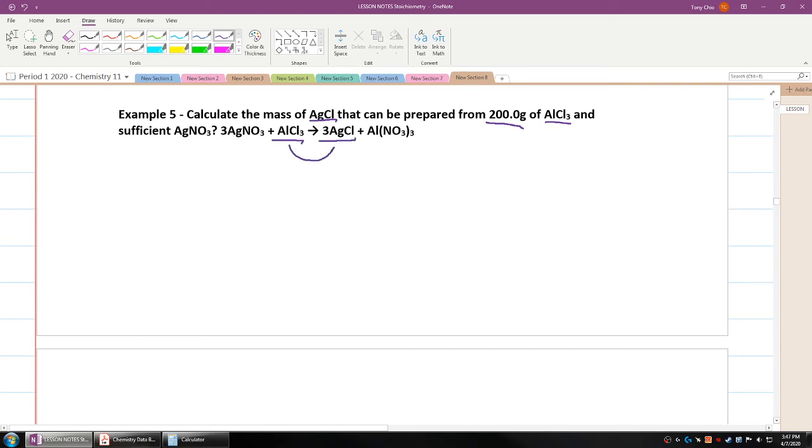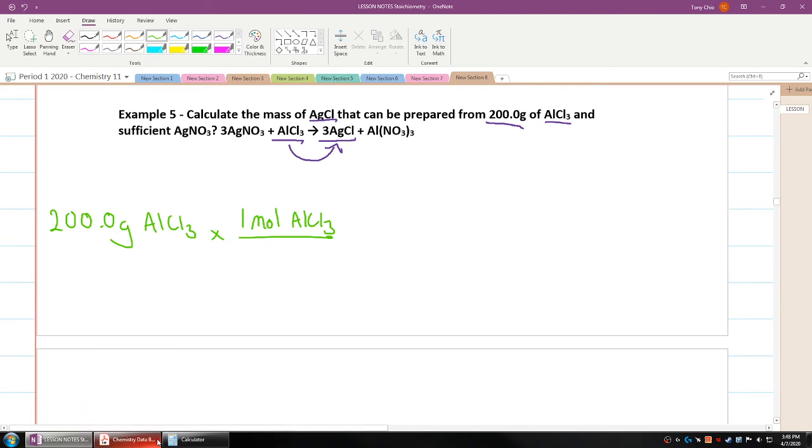So you want to go from this value to that value. So in this case, you start off with your 200 grams of aluminum chloride. And you want to get to your moles of aluminum chloride using molar mass.